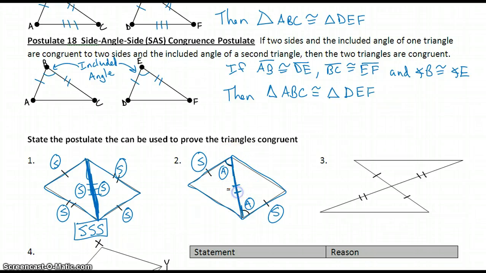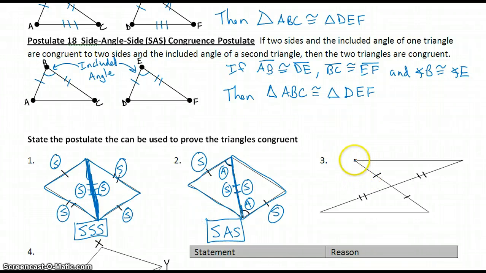That shared side will be congruent to itself. So in this example, we have two pairs of congruent sides and the included angle between those sides. We have side, angle, side. The reason we know it's side, angle, side is this angle is between my pairs of congruent sides.